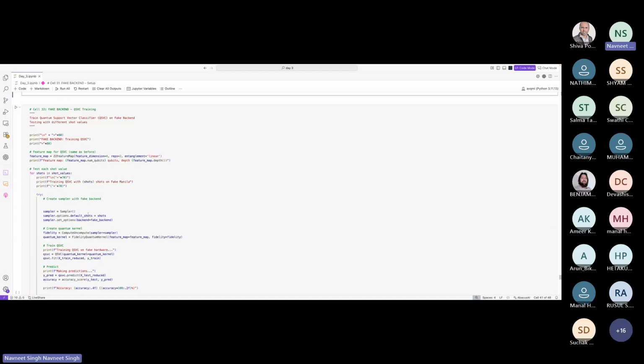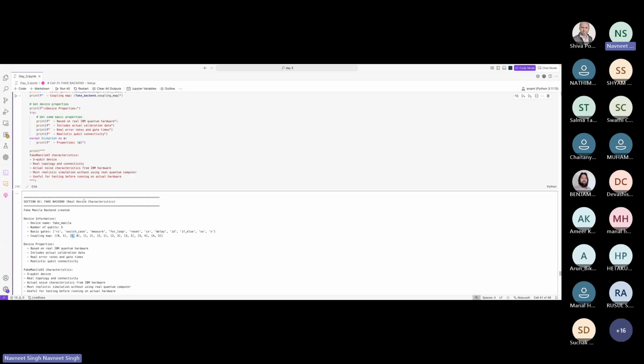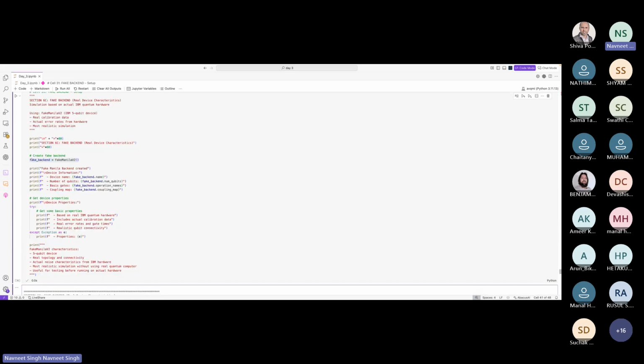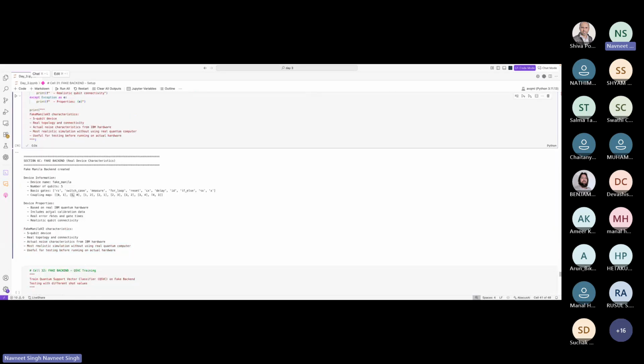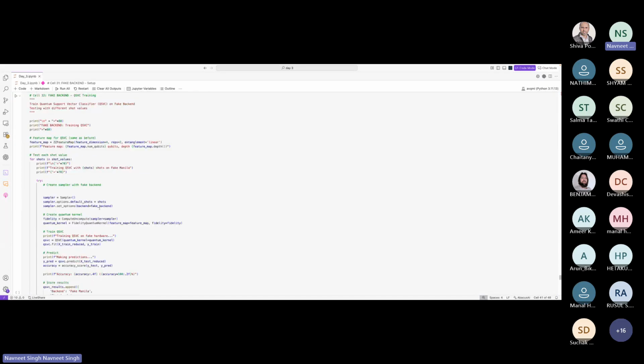To change that, you just have to import this function, initiate it, and change the backend, or I can say the simulator type. The rest will be the same. If you want a noisy one, you just have to include the noise model in the Aer simulator.